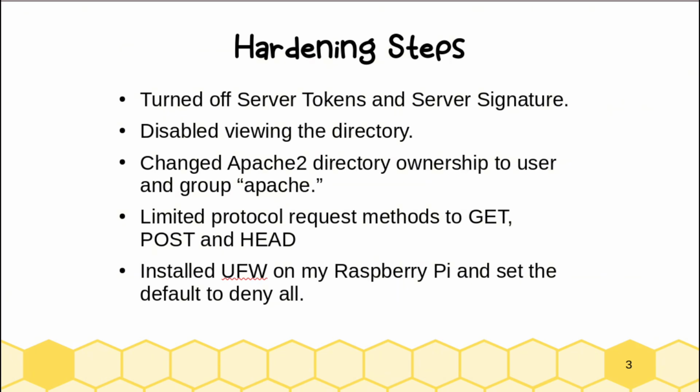I made sure that not just anyone could view the directory of the website. Then I changed ownership of all the directories that were connected to Apache 2, which I probably should have done later so I didn't have to run a sudo command every time, but that's all right.